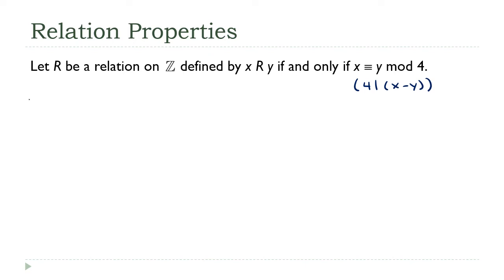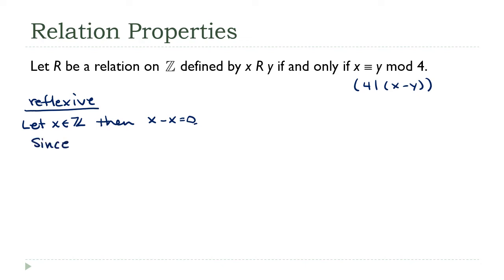All right, so let's start with the reflexive property. So first, remember what I need to show is that X is related to itself. So say we start off, let X be some integer. Then X minus X equals 0.